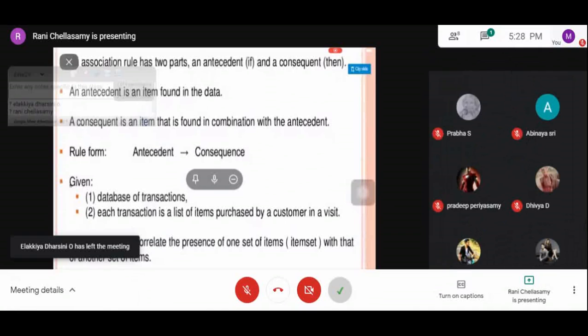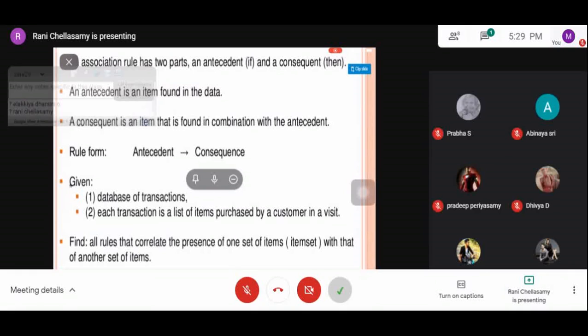The rule has a syntax like antecedent implies consequent. You will be given a database of transactions, and each transaction consists of a list of items purchased by the customer in a visit. The task is to find or frame the association rules that correlate the presence of one set of items with another set of items.